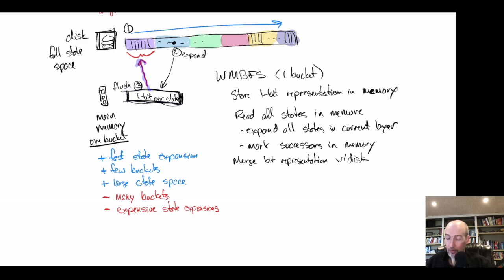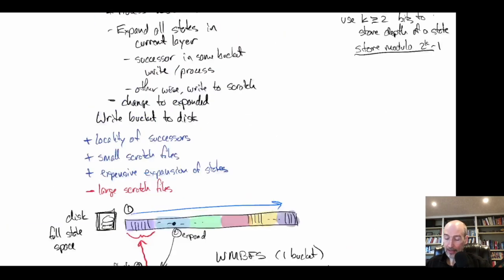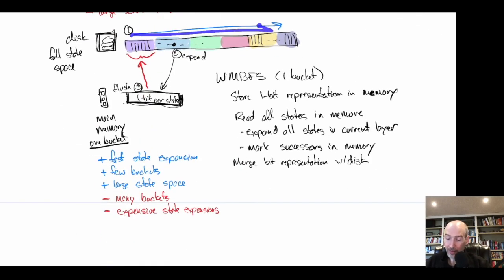So this is thinking immediately about trying to remove duplicates, and therefore I don't have to store them all on disk for later on. And then when I write, I do the rest of my duplicate detection. But I have to go through the state space as many times as I have buckets. So this picture of having many, many buckets is not one where we're going to want to use write minimizing breadth first search.